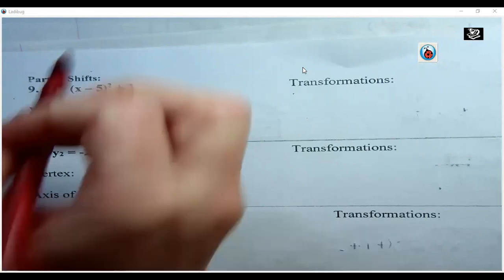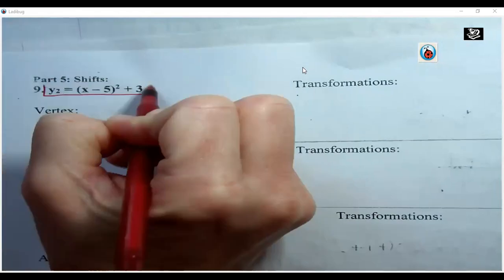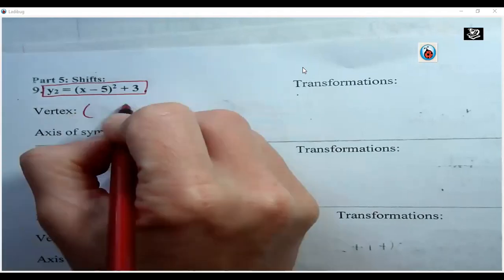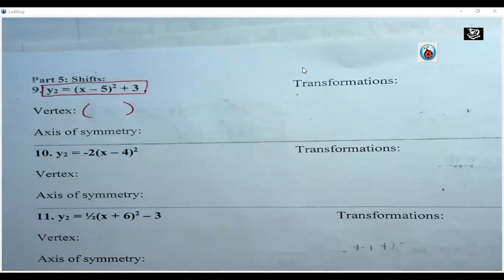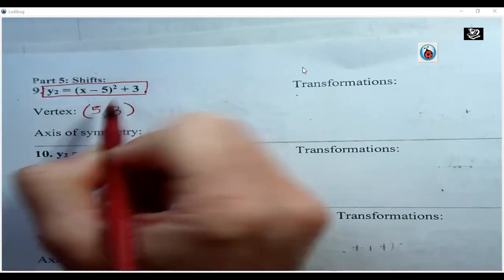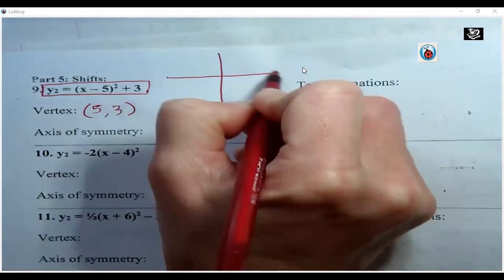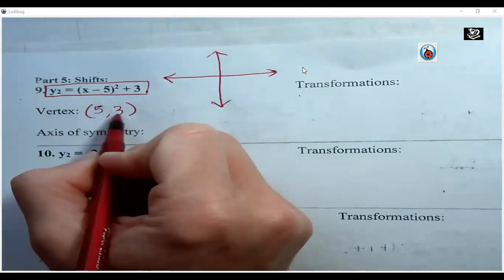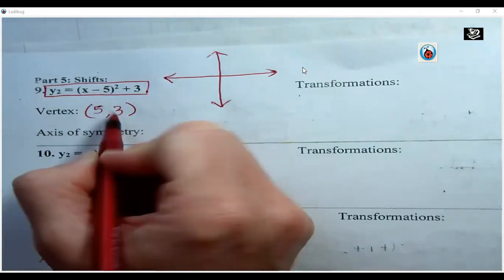This is a quadratic. What form is it in? Vertex form, okay? And what is the vertex? 5, 3. So if I think about a graph, to get to 5, 3, I start here.